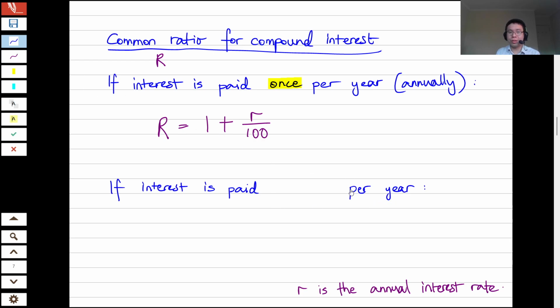So what I'm going to do is say, if interest is paid P times per year, where P could be any number. For example, if it was quarterly, that would mean P equals 4. There are 4 quarters in a year, or 1 quarter being 3 months.